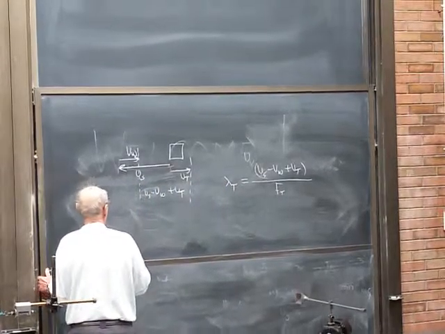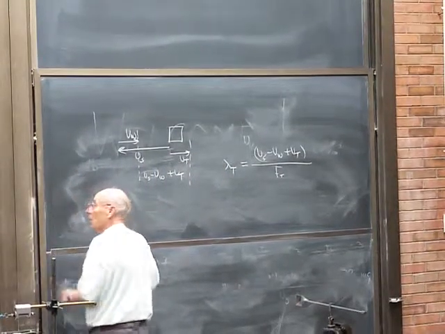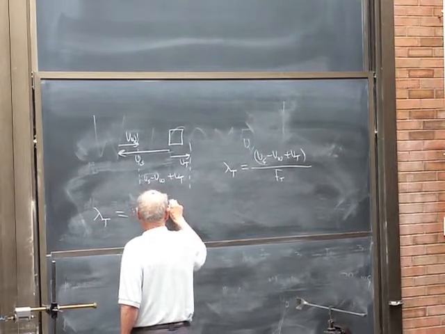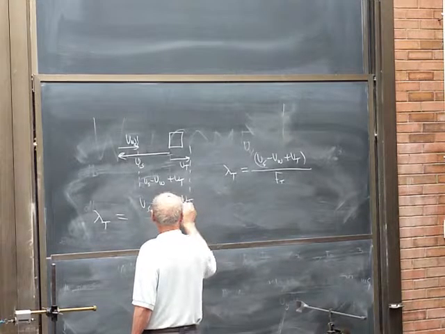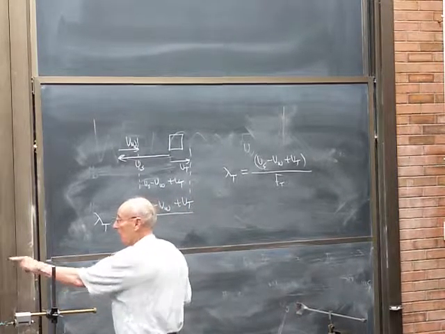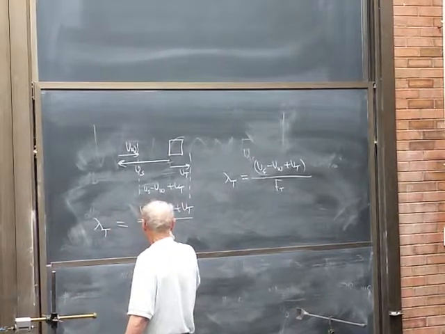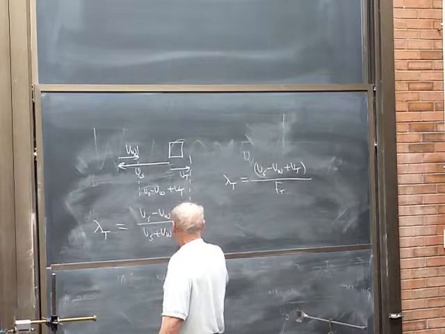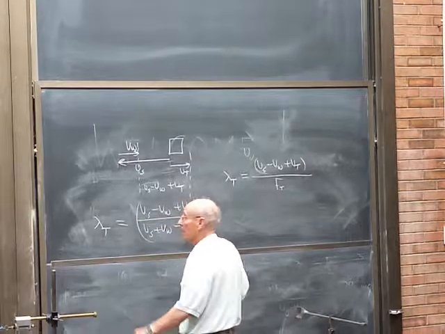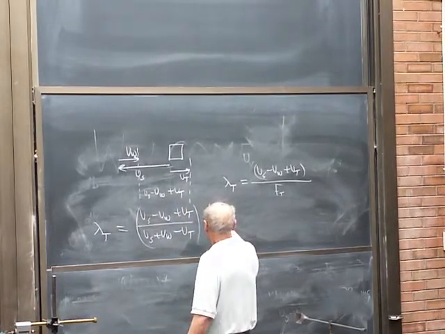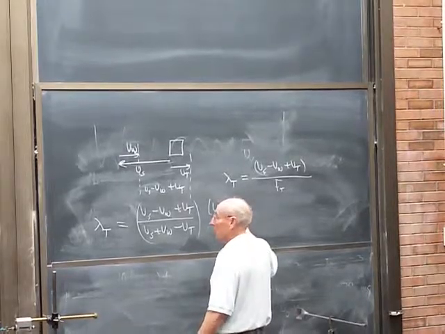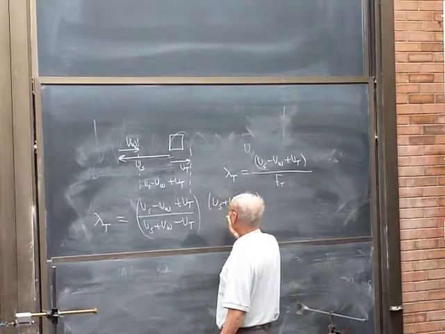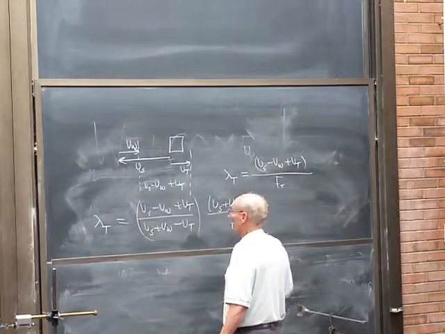And therefore, the wavelength leaving the truck is Vs minus Vw plus Vt, divided by Vs plus Vw minus Vt, and then you'll have Vs plus Vw minus Vc divided by F0.